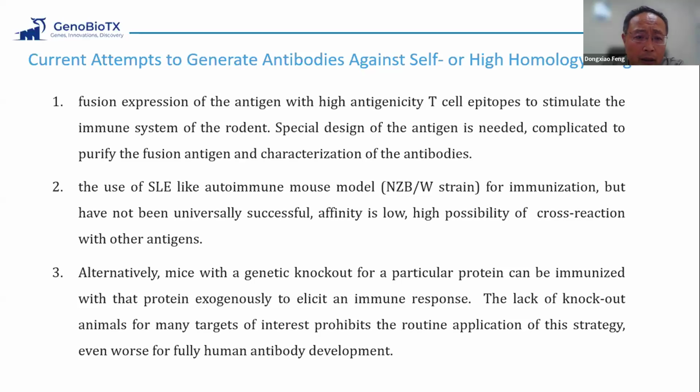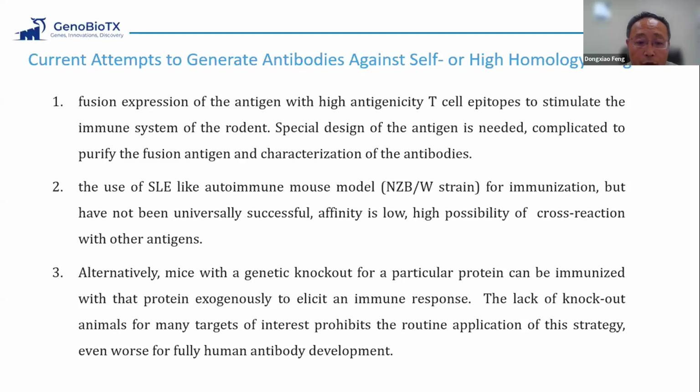Alternatively, we can also use knockout background mice for the immunization. Because the antigen has been knocked out from the mouse, the antigen you are going to immunize with will be recognized as a foreign antigen, so the mouse can develop a very high immune response. However, the lack of knockout animals for many targets of interest prohibits the routine application of this strategy.